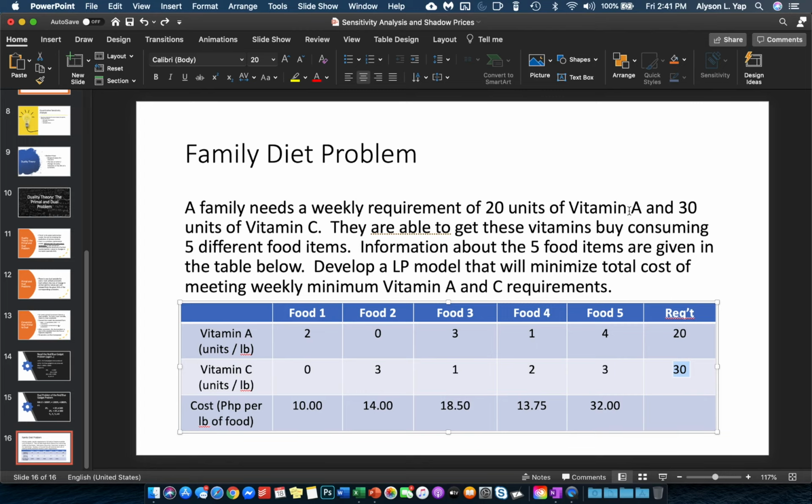So this pharmaceutical company is thinking, instead of letting the family purchase the different food items, food item 1, 2, 3, 4, 5, in order to get their weekly vitamin A and vitamin C requirement, why don't they market to this family vitamin A and vitamin C capsules? So instead of buying the food items, just buy the vitamin capsules from the pharmaceutical company.